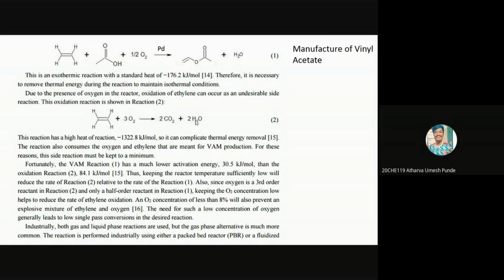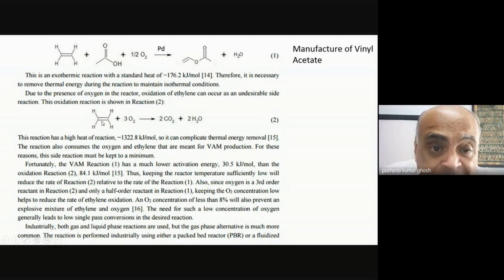Yes, sir. That's one. Second, you see, this reaction requires 3 oxygens. This requires half an oxygen. So obviously, if I'm trying to favor this reaction, I will carry out the reaction at a lower oxygen concentration. So I'll keep the oxygen concentration quite low.